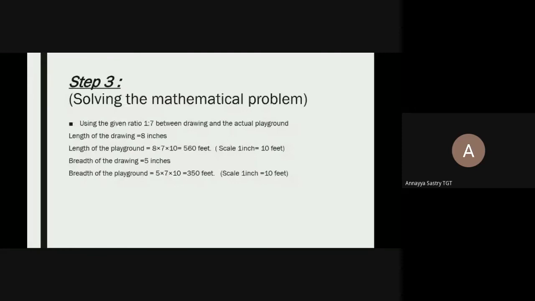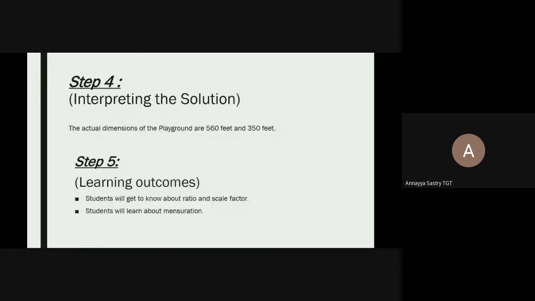So we came to the solution that the actual dimensions of the playground are 560 feet, that is our length, and 350 feet, that is the width. From such models, we can go to actual real problems.